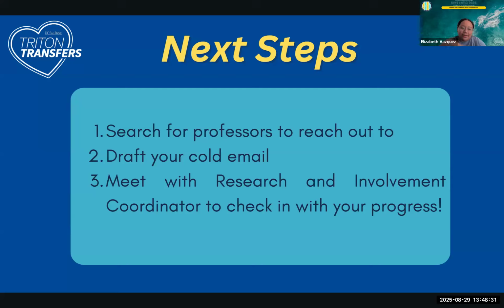If you're a continuing student, you can book an appointment with me and I can look over it. You can also email it to me and let me know you went to my webinar and drafted your cold email, and ask if I mind looking it over. I can give suggestions, like I would change this, or don't include that, or it's a little long or a little too short. So, draft your cold email.